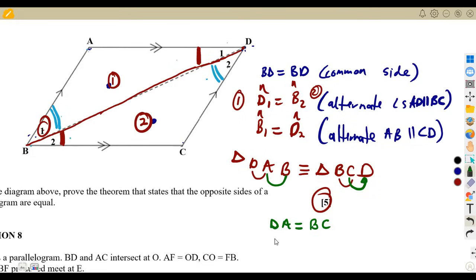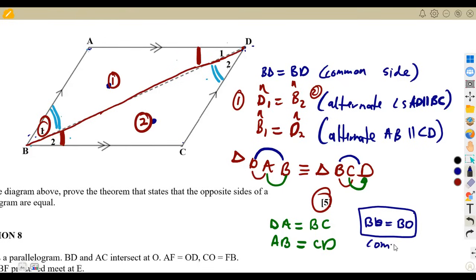And the last one is the common side. Remember, BD is equal to BD. Remember, this is our common side. So that is what you can see.